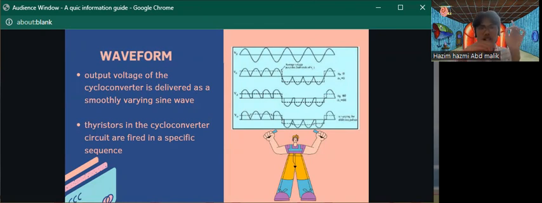The thyristors in the cycloconverter circuit are fired in a specific sequence to create a series of overlapping voltage pulses that add up to produce a continuous waveform.